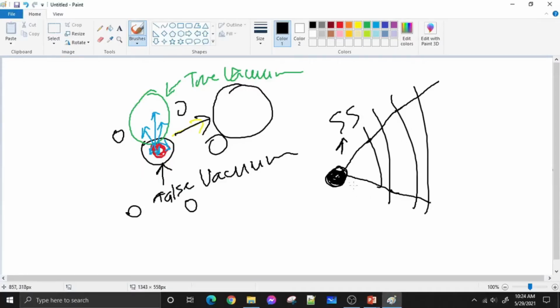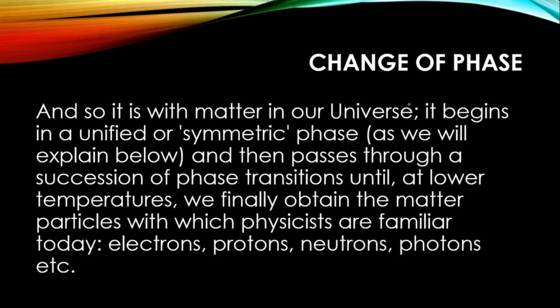So we know that a singularity has a heat value that we can't imagine. It is a great heat value, and with that it began to expand until the cooling phase, until it cools down. That's what the change of phase theory is trying to explain: that electrons, protons, neutrons, photons, and other matter particles familiar to physicists today were produced by that change of phase during the Big Bang.